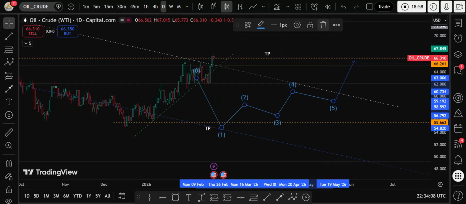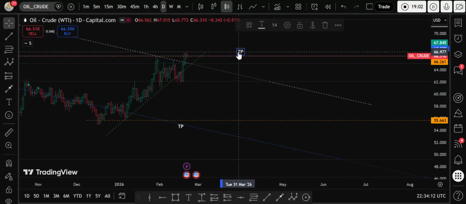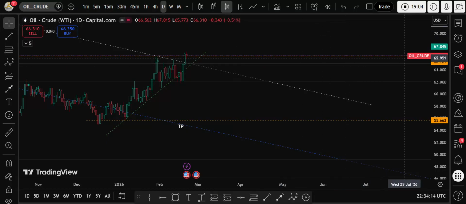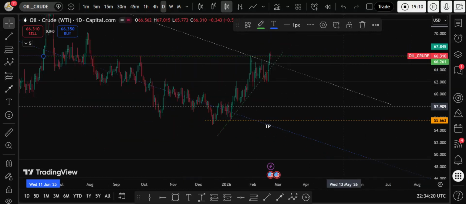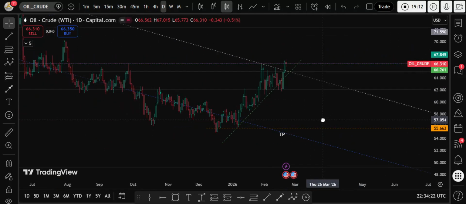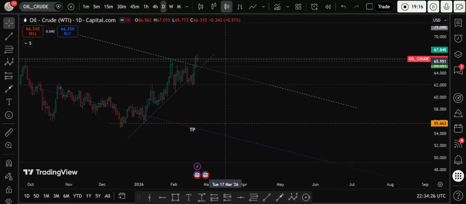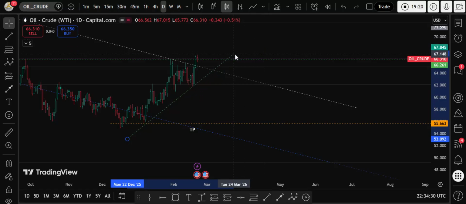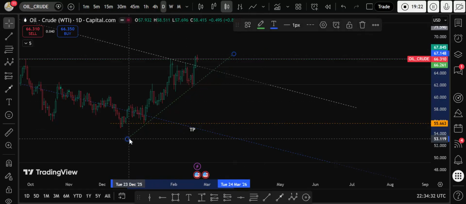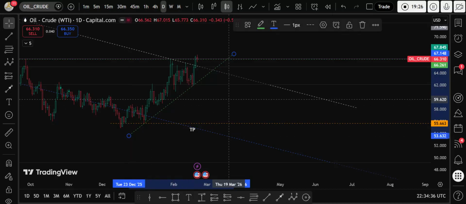Let me remove this for now. It has already hit our TP, so let me just remove it and change our trend line to a green one. That can be our price of entry to the downside for it to sell. But before that, let's adjust our daily trend line.